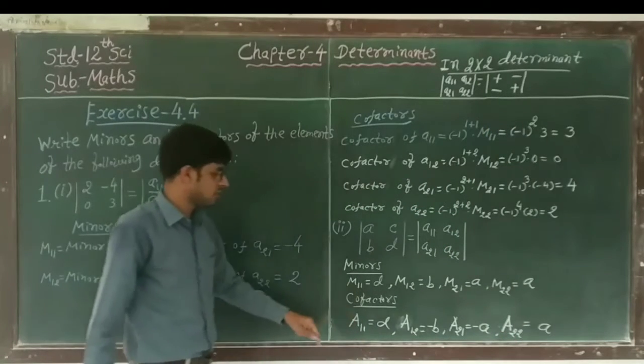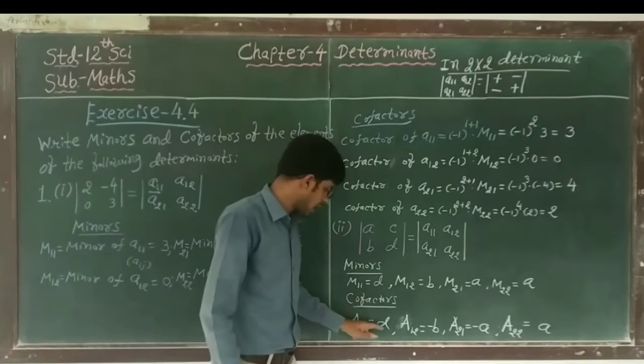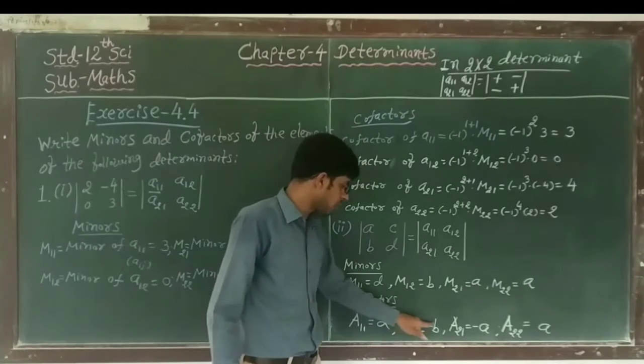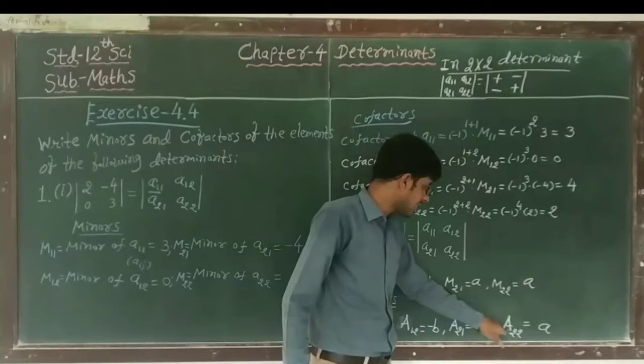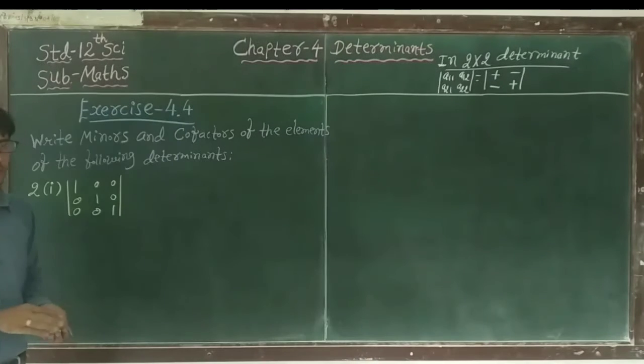So the cofactors of the given elements are A11 is D, A12 is minus B, A21 is minus C, A22 is plus A.